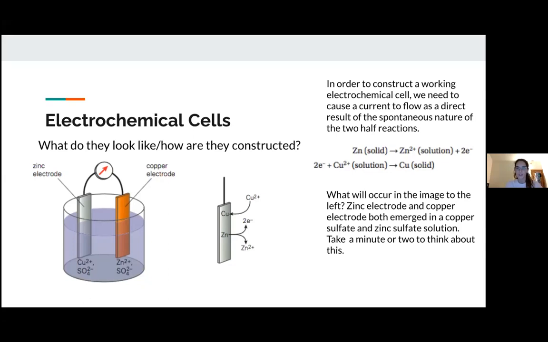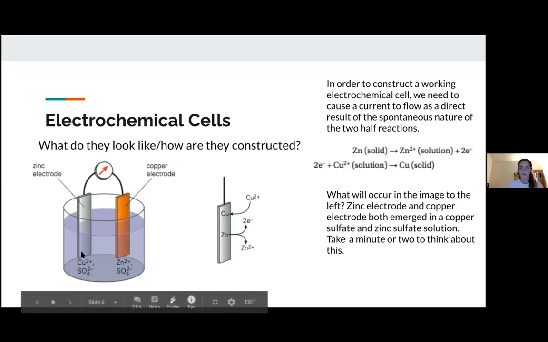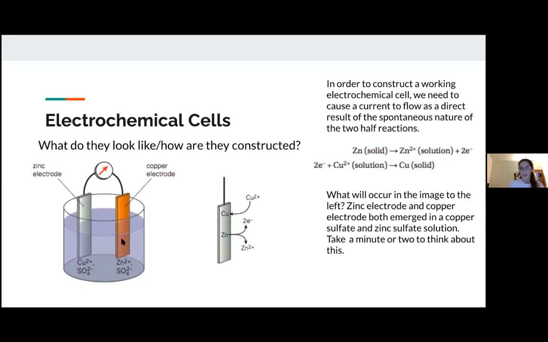What do you think will occur in the image to the left? It's a zinc electrode, which is the silver, placed in a solution of both copper sulfate and zinc sulfate, and this is also a copper electrode. Take a minute or two to think about this, and then let me see if you can talk or just send something in the chat.